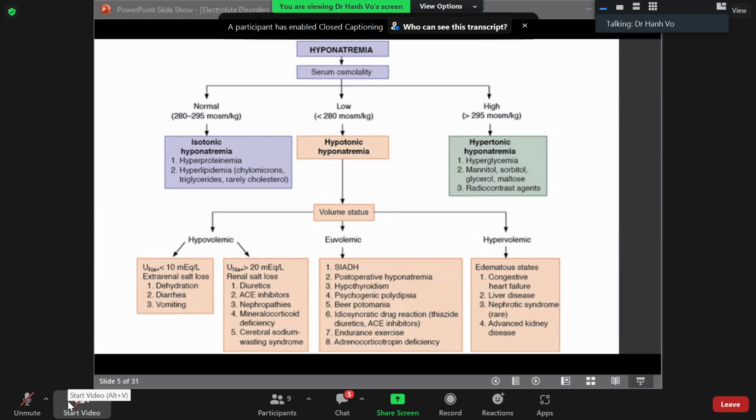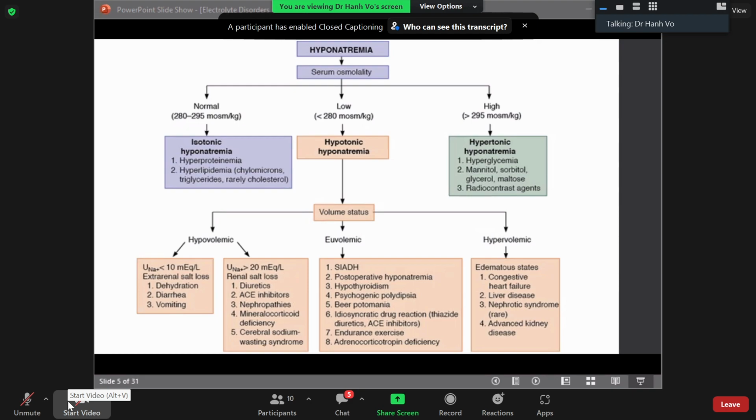The first subcategory is hypervolemic, where there is a numerous increase in total body water and a less significant increase in total body sodium. Typically this is seen in conditions like congestive heart failure, cirrhosis, or nephrotic syndrome, with all the patients having edema. The second subcategory is hypovolemic hyponatremia, where there is a small degree of loss in total body water with a large degree of loss in total body sodium.